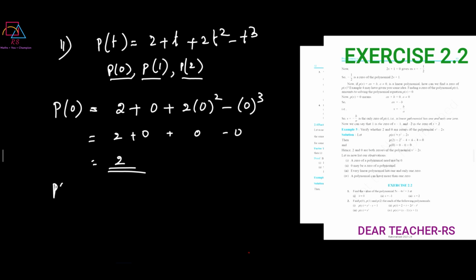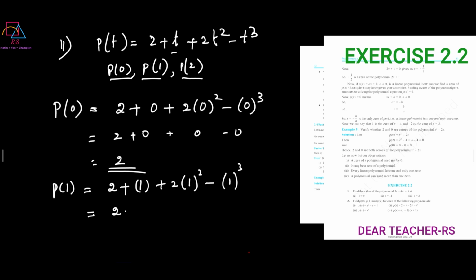P1. So P1 is P with t replaced by 1, because P at t is some polynomial. So 2 plus t, and for t, 1, I am writing it in the bracket. You also write it in the bracket. It will be useful to you when you are doing it, especially with minus values. Plus values, there is no problem.